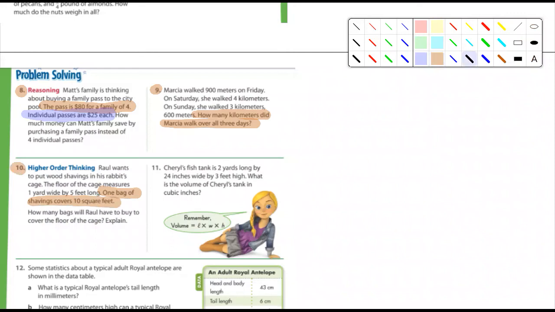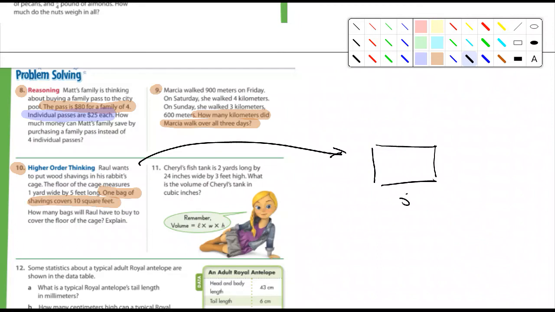So I'm thinking it says the floor of the cage measures 1 yard by 5 feet. So here's the cage, 5 feet. And then the sides would be 1 yard, which is what? 3 feet. And so you need to figure out the area.